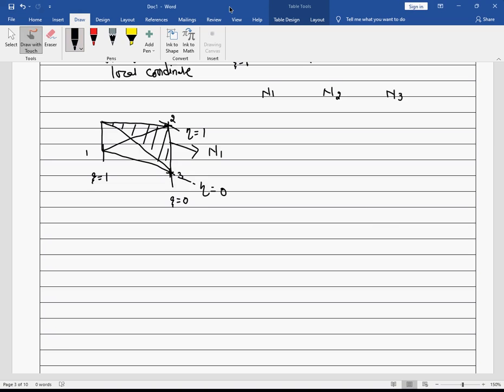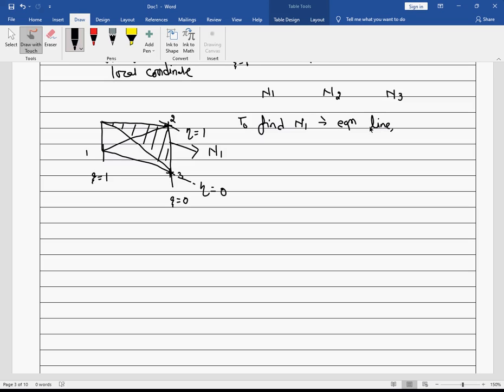Okay, fine. So now here in case of 2D we have to use the equation of a line. Okay, so to find N1, we have to use the equation of a line, or curve, whatever you want to say.